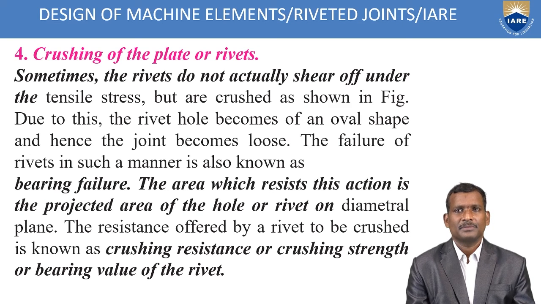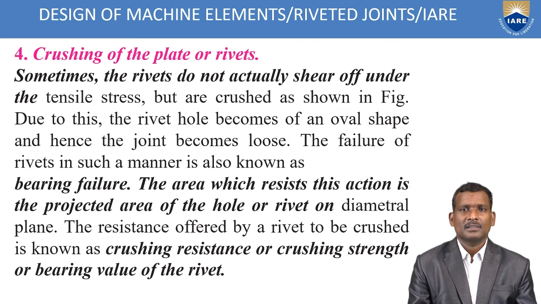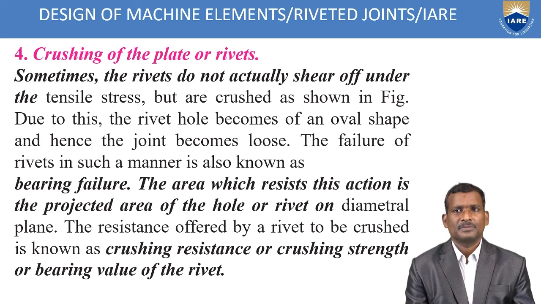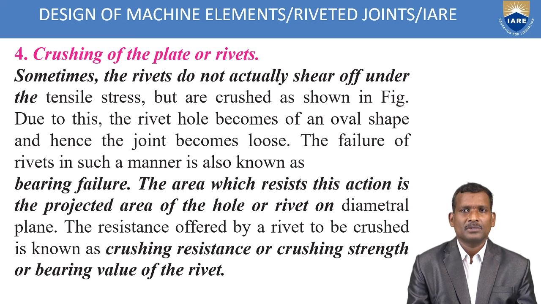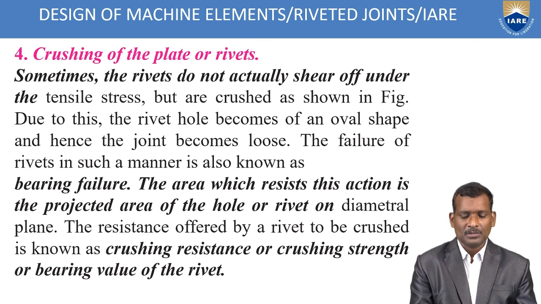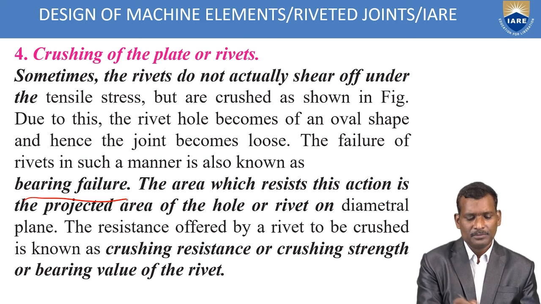As shown in the figure, due to this the rivet hole becomes an oval shape after crushing. Initially the hole is circular, and after crushing it becomes oval. So finally the joint becomes loose. This type of failure is also known as bearing failure.